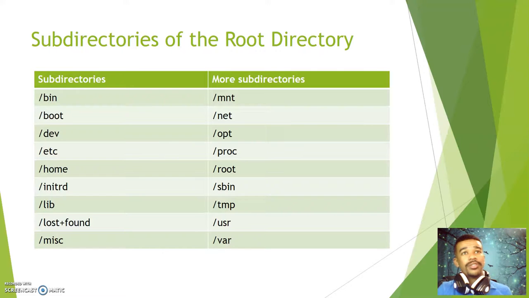The net directory is where we'll have remote file systems. That's how we'll mount those. The opt is where we'll have extra software that isn't necessarily part of the original file system, but probably third-party software, things of that nature. We have the proc subdirectory, which is mostly used for virtual file systems, so we won't really go into that.